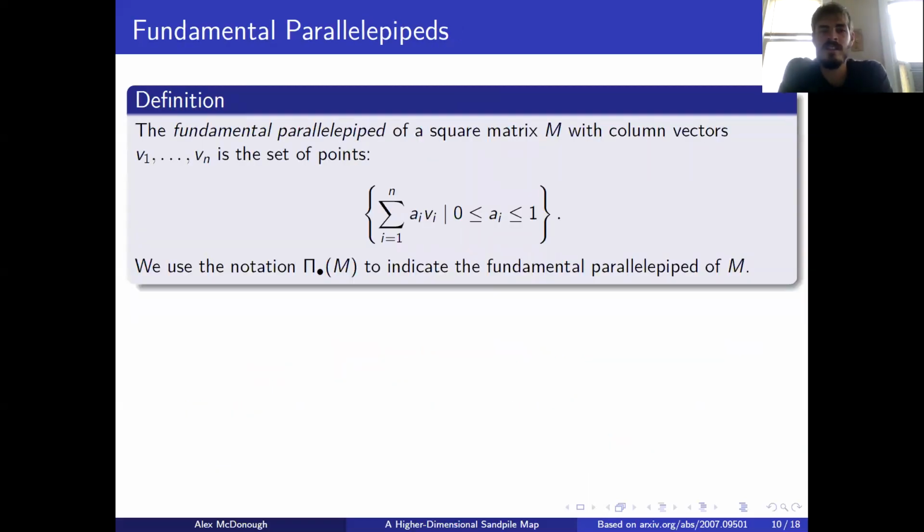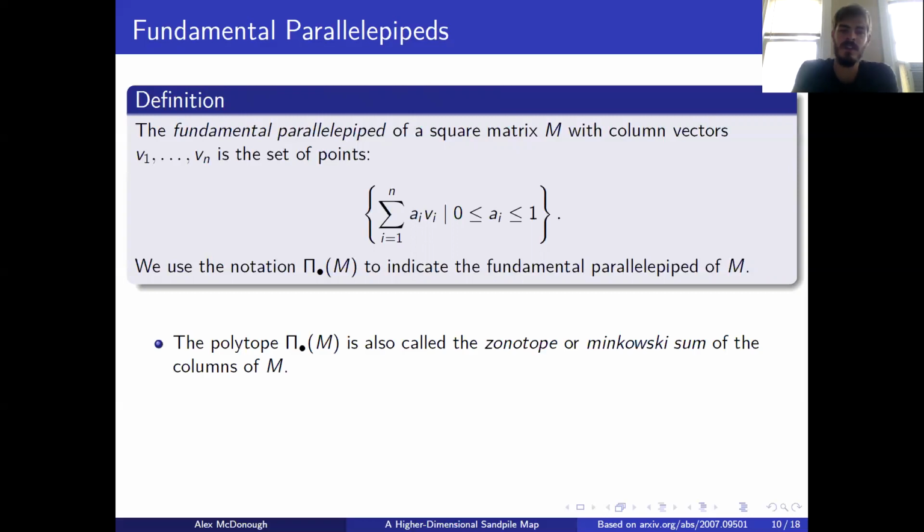In order to do this, we're going to need to talk about fundamental parallelepipeds. So given a square matrix, you can take all of the linear combinations of its column vectors, each multiplied by some number from 0 to 1. And the points that can be expressed like this are called the points of the fundamental parallelepiped of M. This is also called the zonotope or Minkowski sum.